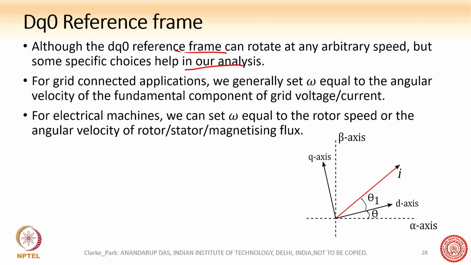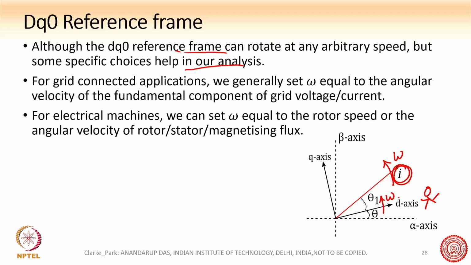So omega and omega naught will be different. But for grid connected applications like our PWM converters, we generally keep this omega and this omega the same.